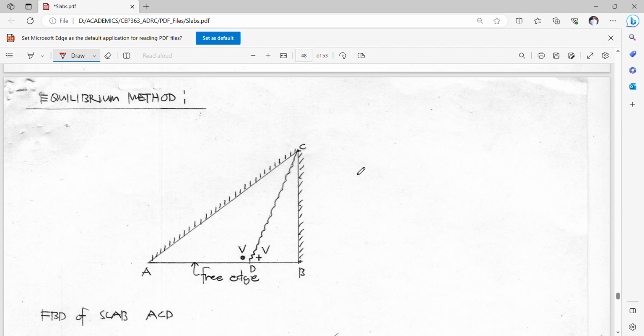To give you a recall of the dimensions, this is 12, and this is 63. So this is a 12 by 63 triangle with a simply supported edge here, also a simply supported edge here.